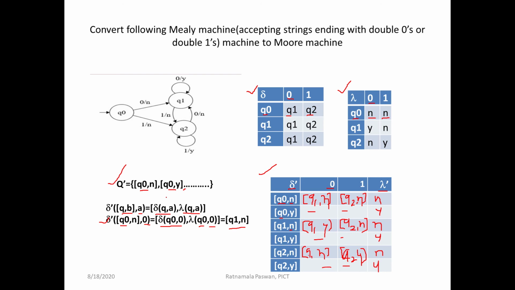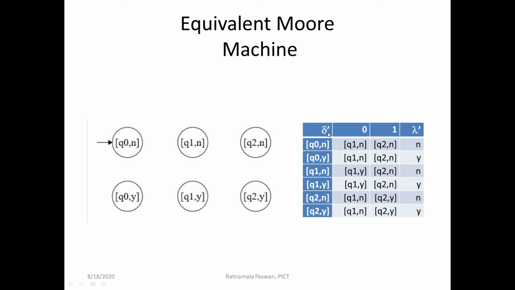Okay, so now we have completed the transition table. As you can see, this is a transition table. We are getting two initial states here, Q0N and Q0Y. So no need to consider both. You can discard any one of them, either Q0 comma N or Q0 comma Y. It will not make any difference, and you can choose either for constructing the transition graph.